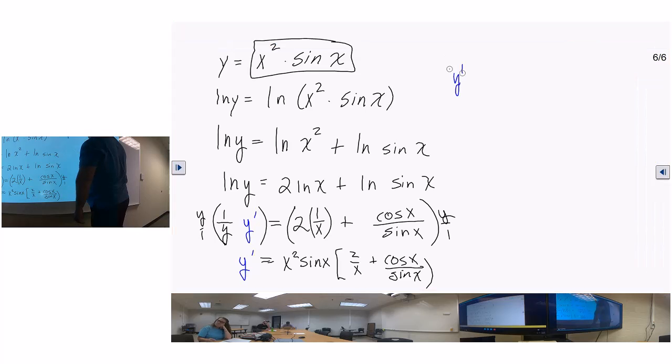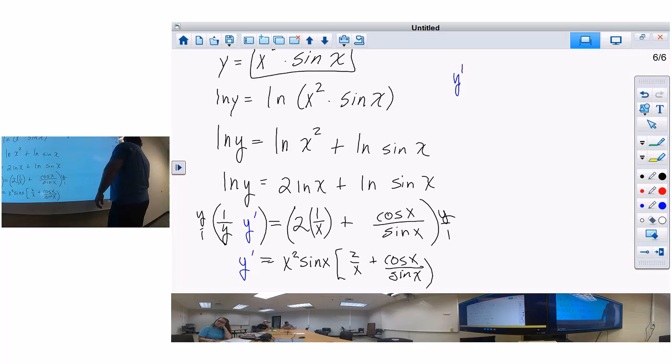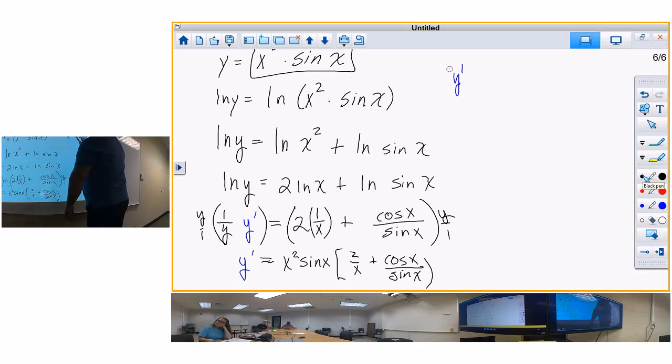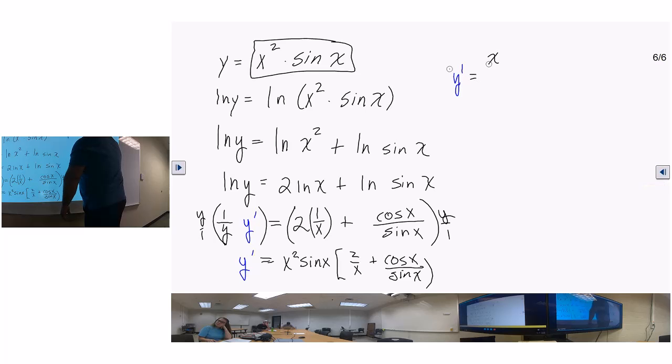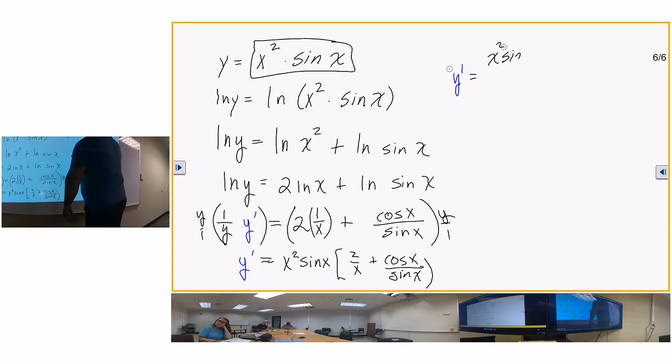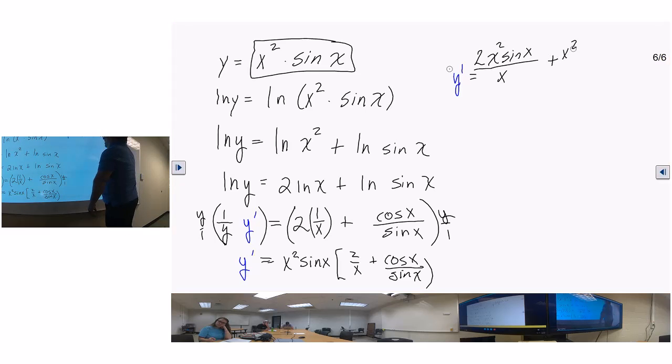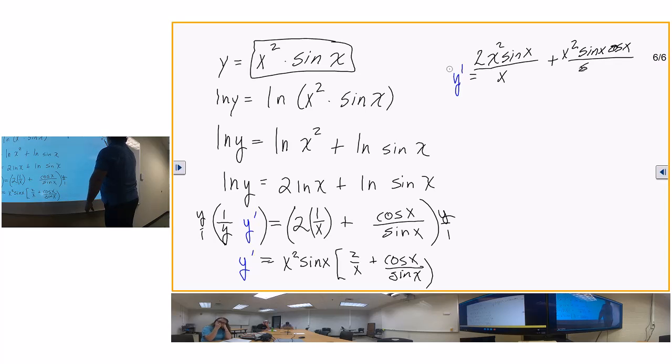Y prime is equal to x squared sine of x times 2 over x, plus x squared sine of x cosine of x over sine of x.